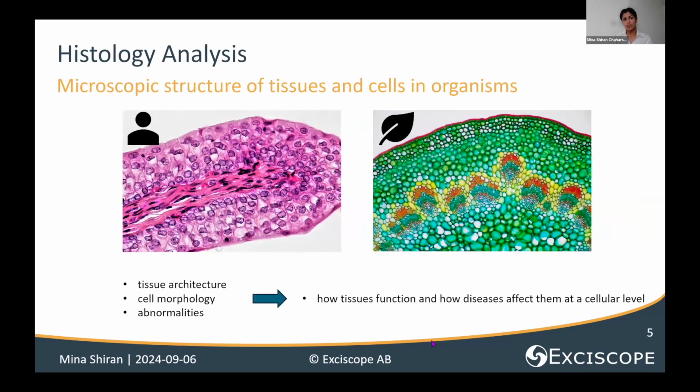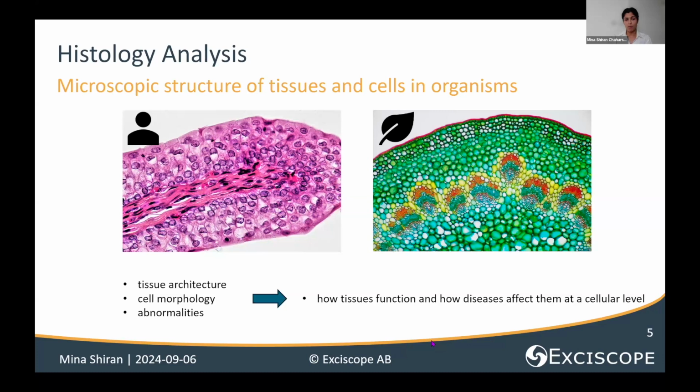So, an introduction to histology analysis, which is the study of microscopic structures of tissues and cells in organisms. It provides a lot of information, especially when it comes to cells, like human cells or plant-based cells, and it usually involves slicing the samples and studying them with an optical microscope.